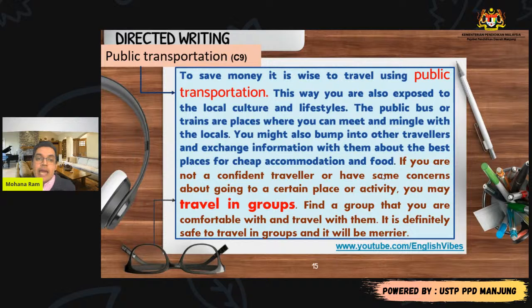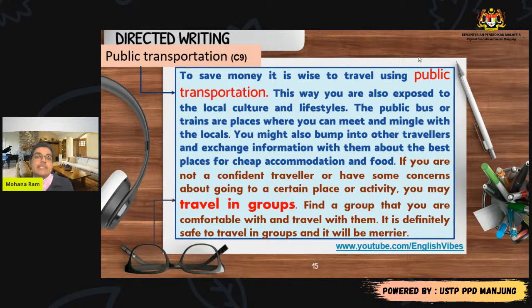The public buses or trains are places where you can meet and mingle with the locals. You might also bump into other travelers and exchange information with them about the best places for cheap accommodation and food. So why do I put a lengthy elaboration for this? Because public transportation needs an extended elaboration, so I need to put in extra ideas. Anyway, I did not use any difficult words. I just add one, two, or three sentences here.